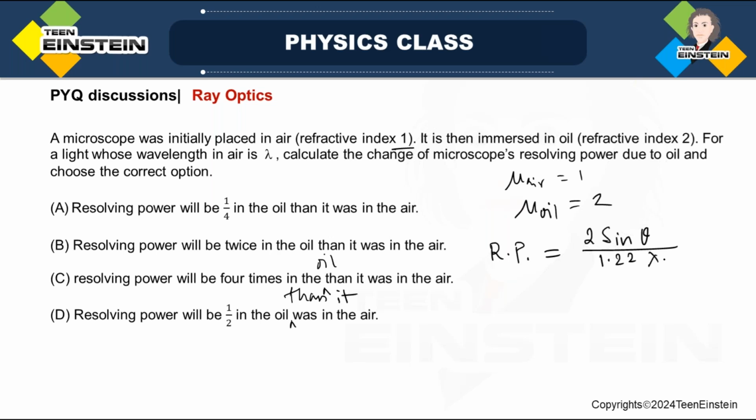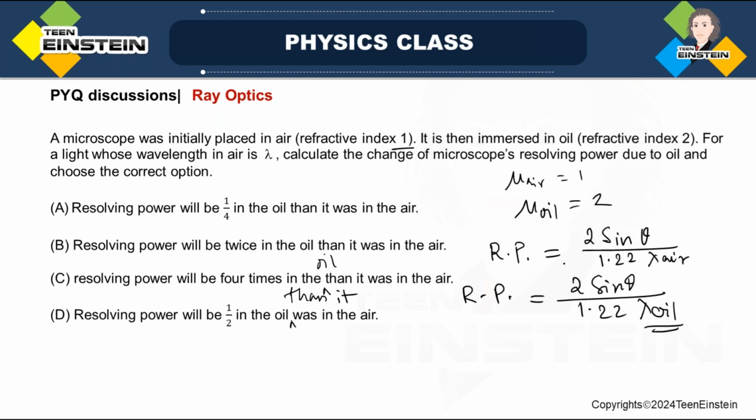If this is in air, I can write that as lambda air. Now we have to find RP in oil. These angles are not going to change, so the only change we have to incorporate here is 1.22 lambda oil.